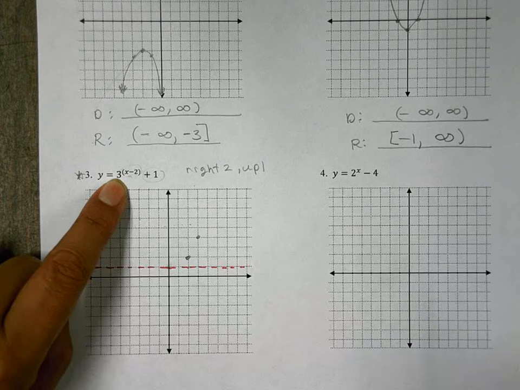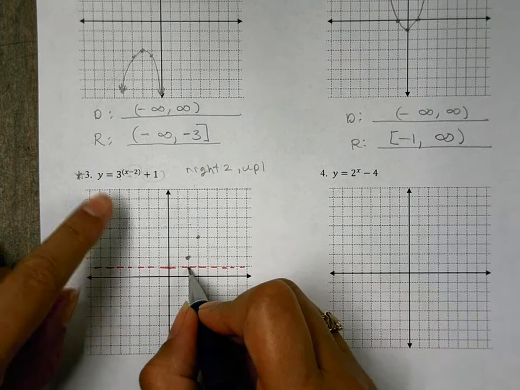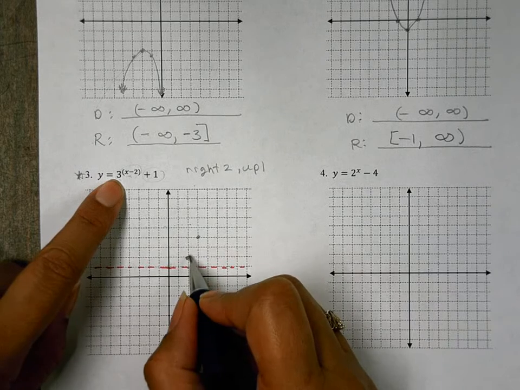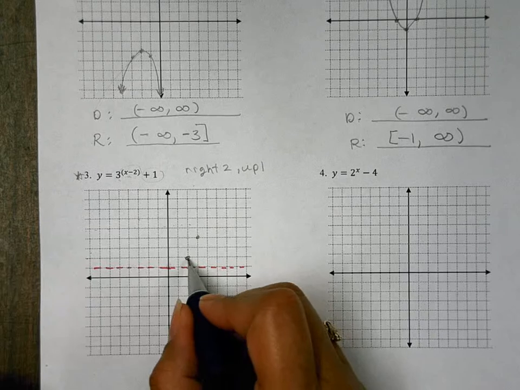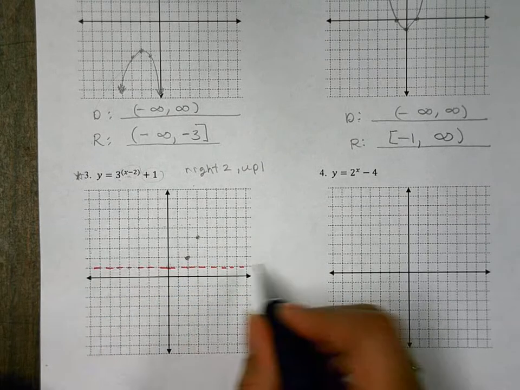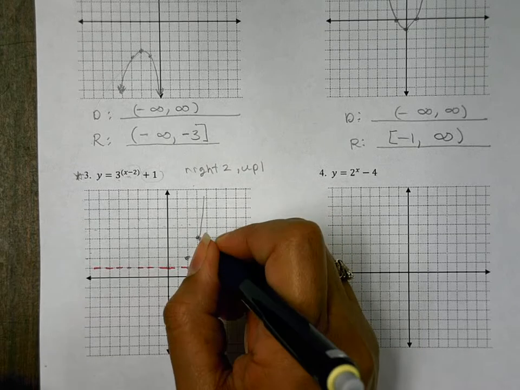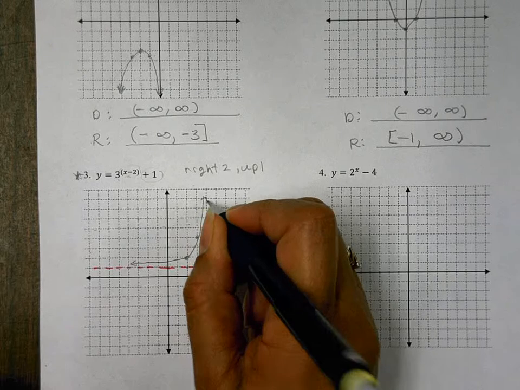I'm going to repeat that. From my start point, I go down to the dotted line, and then I go up 3 over 1. 1, 2, 3 over 1. And I have 3 lattice points. That start point, the one I just counted, and my dotted line counts as 1, my asymptote. And then you make your nice and pretty graph.